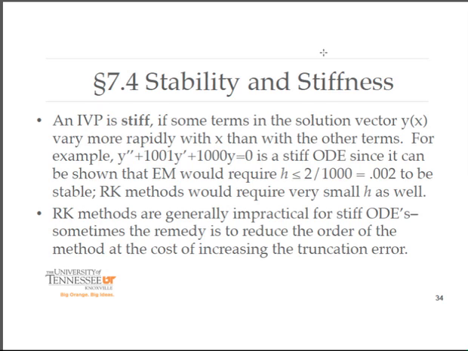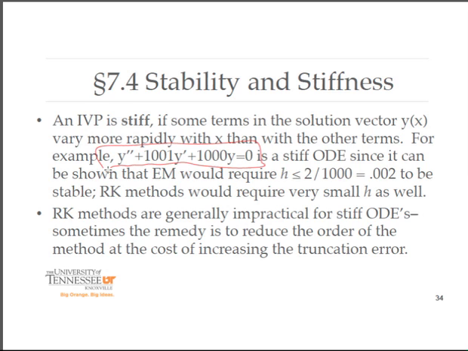And this second order ODE, y double prime plus 1001 y prime plus 1000 y equals 0, is a classic example. Notice that the coefficients on the y prime and the y are so much larger than the one on y double prime. That's a hint.